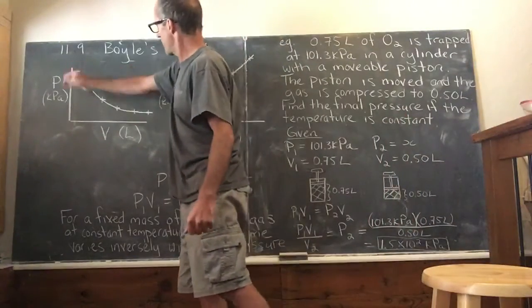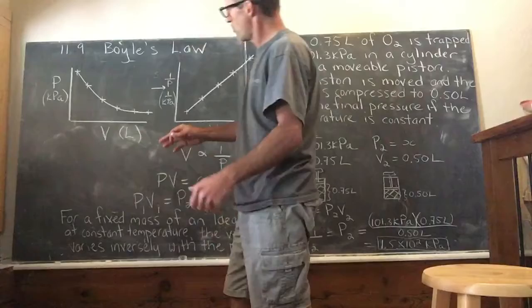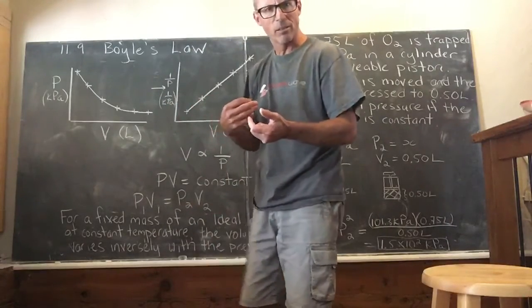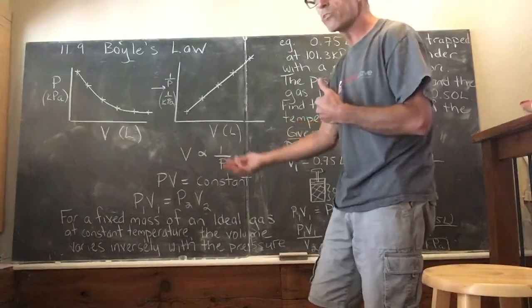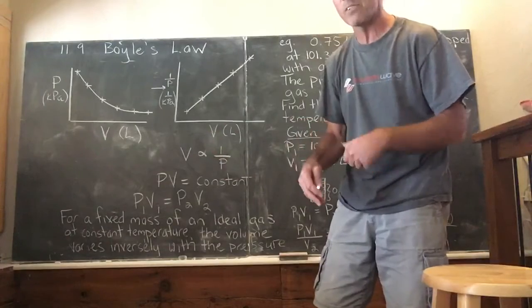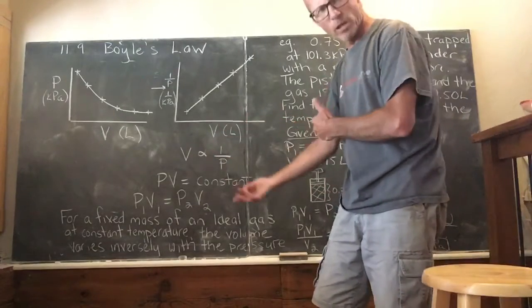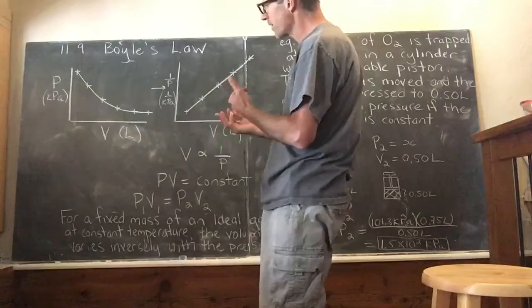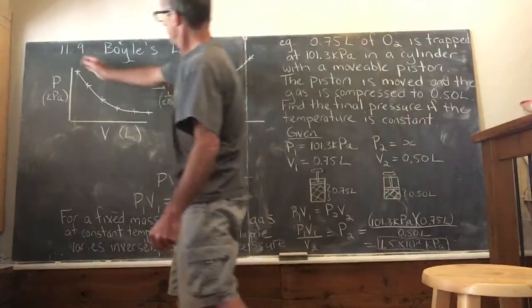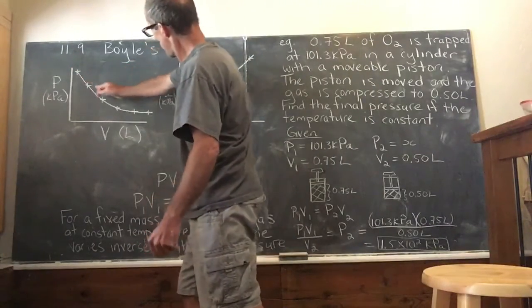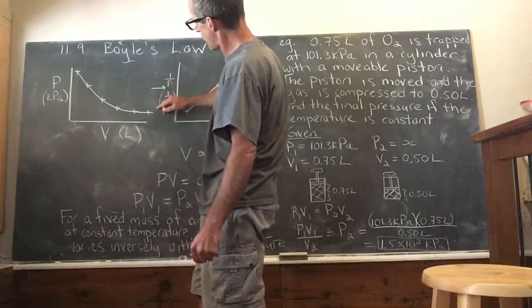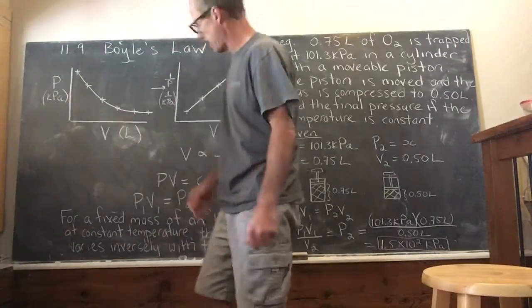It makes sense that pressure and volume kind of work opposite with one another. As one goes up, the other goes down. And as the other one goes up, the other one goes down. So it's not a direct relationship. So as pressure goes down, volume goes up. And as volume goes down, pressure goes up.